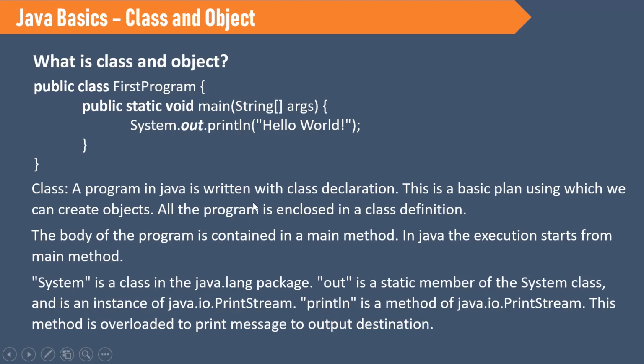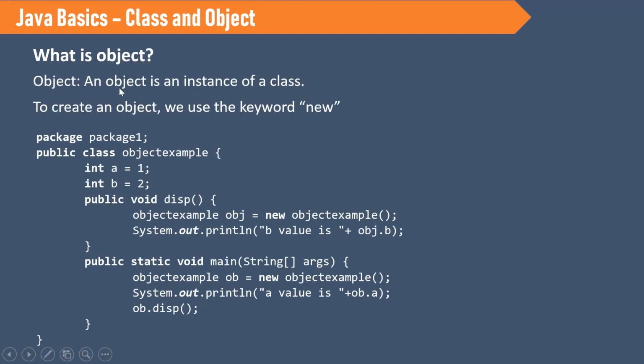Now let us see what an object is. An object is an instance of a class. I will give you an example in general terms. Say you want to construct a house. The first thing you need is a plan for the house: how you would like to construct it, what is the total square footage available, how many bedrooms you want, how many bathrooms you want.